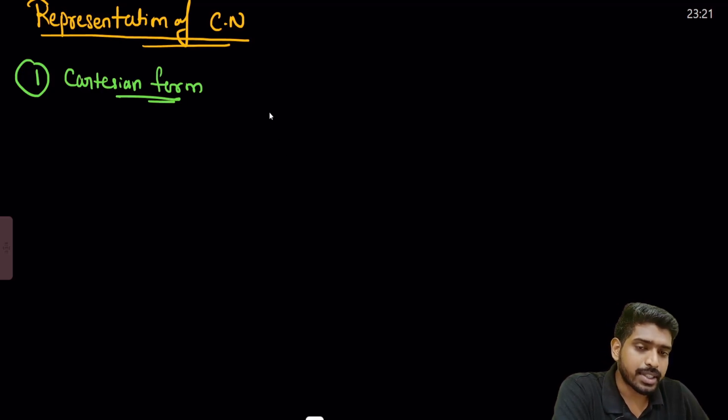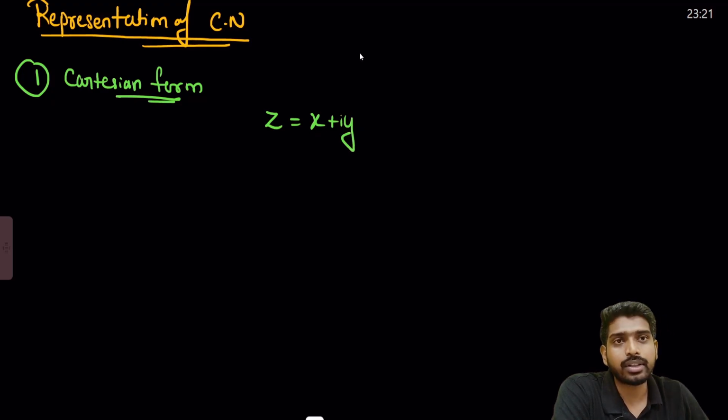Suppose any complex number z is there. This complex number z I'll represent as x plus iota y. What is x here? X is the x coordinate or the real part of the complex number. What is y? Y is the imaginary part, or we can say the y coordinate or the imaginary coordinate of the complex number.